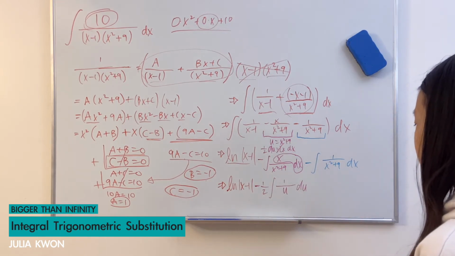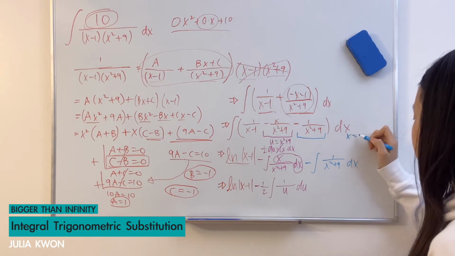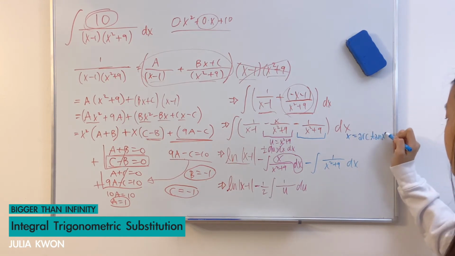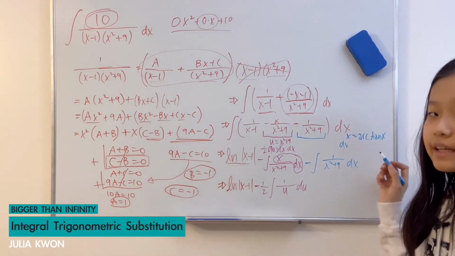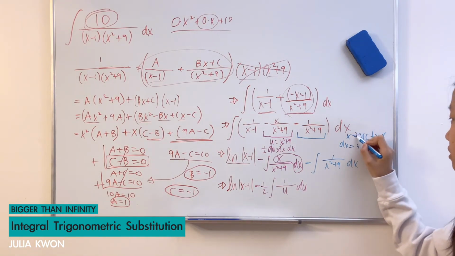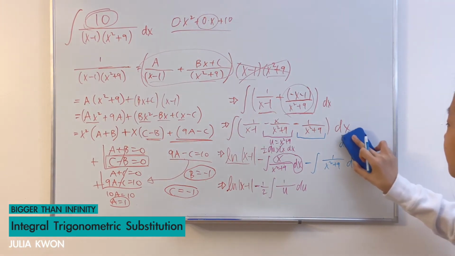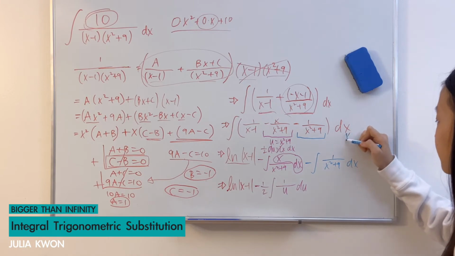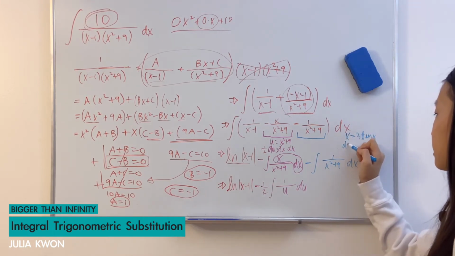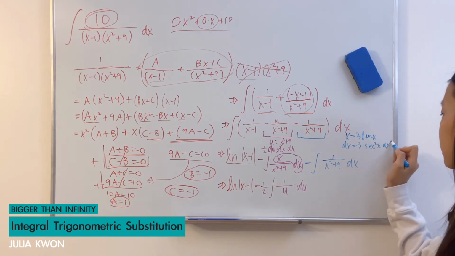For this integral, we're going to set x equal to 3 times tangent x, and dx is equal to 3 times secant squared x dx.